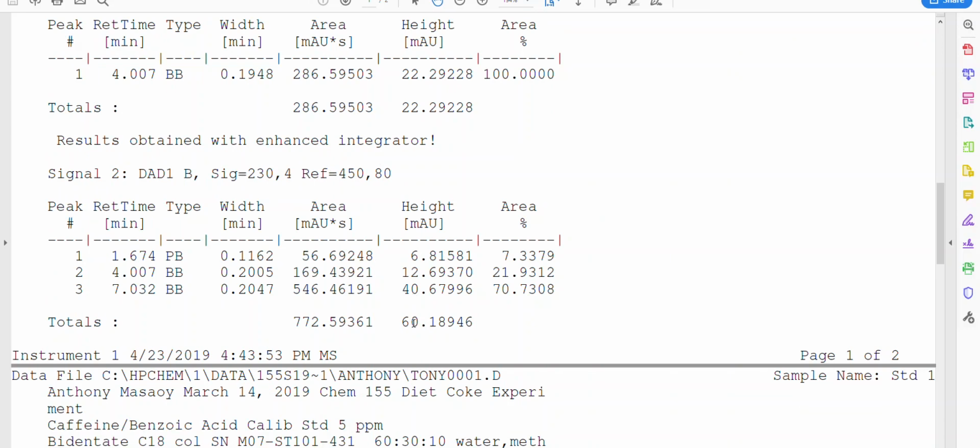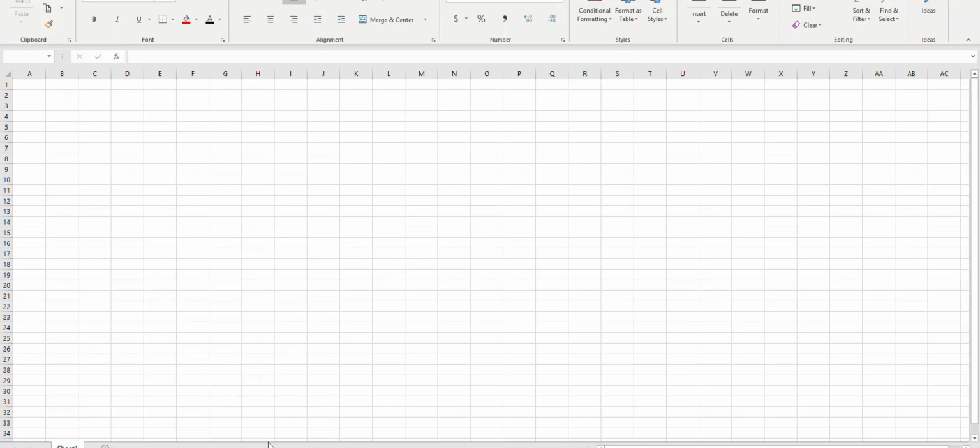Now let's see how we can do this. Let's go to Excel and write down these values. We're going to need a concentration column here and a signal, and we'll specify 230 nanometers here.